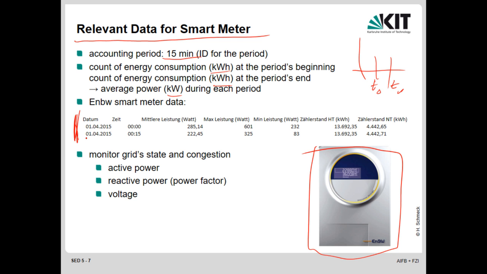So it is the date and the time, you see here at midnight and 15 minutes later. And here they not only give the average power consumption, this is the average power consumption, then we have the maximum power consumption in that period and the minimum power consumption in that period.